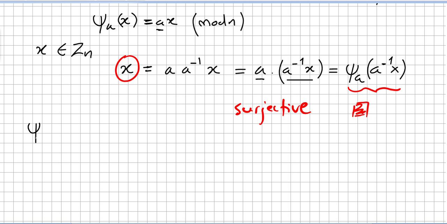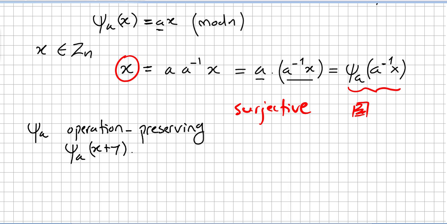Now we have to prove that psi of A is operation preserving, right? Well, that's really easy. We just write psi A of x plus y.